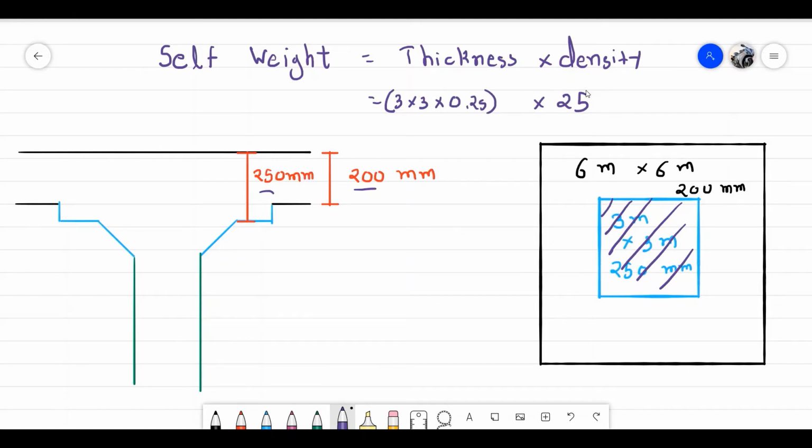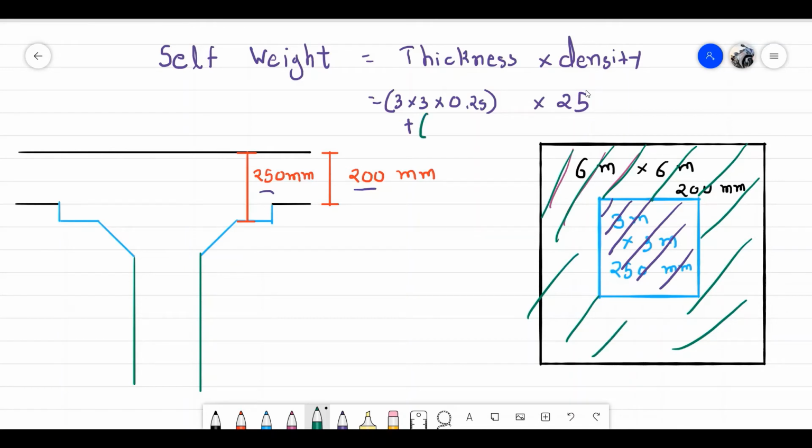Then plus, because we have this panel, it is converted as 6 into 6 minus 3 into 3 into 0.20, right? But look here, thickness is multiplied by area.